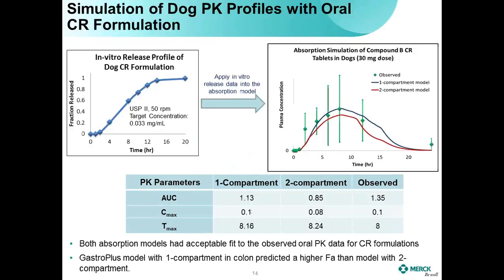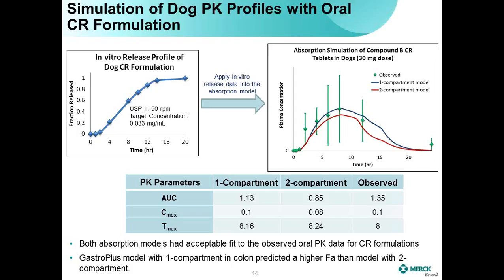As we move on to validate the model with the orally dosed CR formulation in dogs, on the left side is the in vitro release profile of the CR formulation, which we applied to the absorption model. On the right side are the simulated versus the observed PK data for the CR formulation in dogs. As you can see, those absorption models have acceptable fit to the observed oral PK data for the CR formulation.